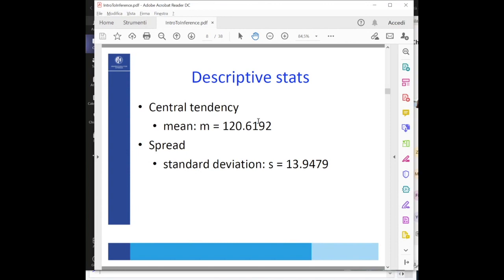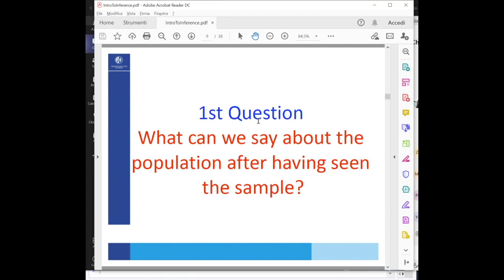Take them as they are here. Yeah. So what we can say is that the population has the same characteristics of the sample. That's the best we can say. No other possibilities. So, what do we say? Yeah, this is the first question.